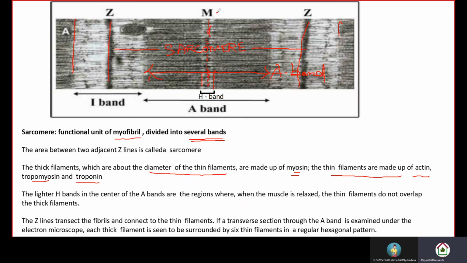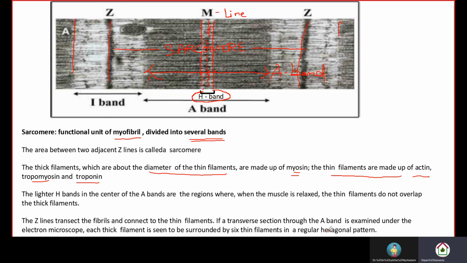This is M line. And this white color around the M line is H band. This is H band. Okay. And these Z lines, they transect the fibrils and connect to the thin filaments.